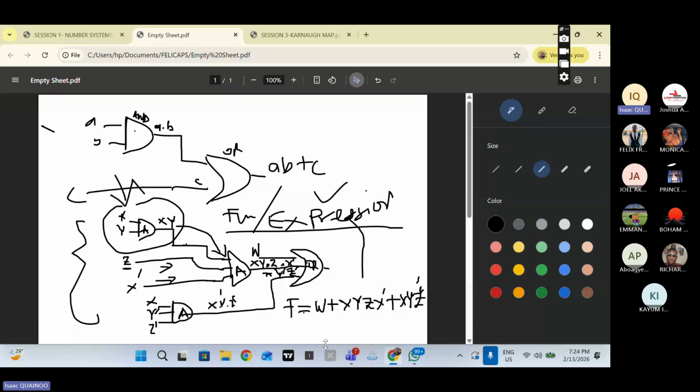All right, so this is going to be the most likely output of this logic gate.